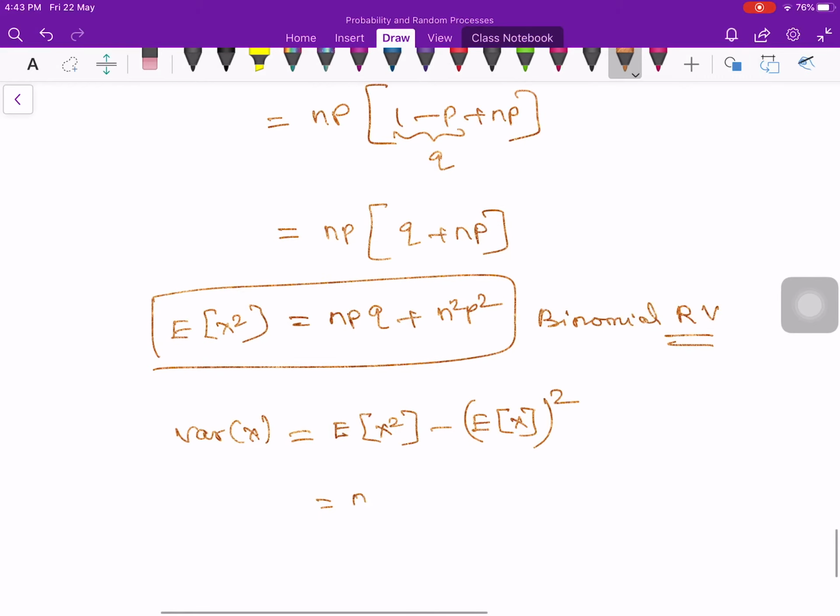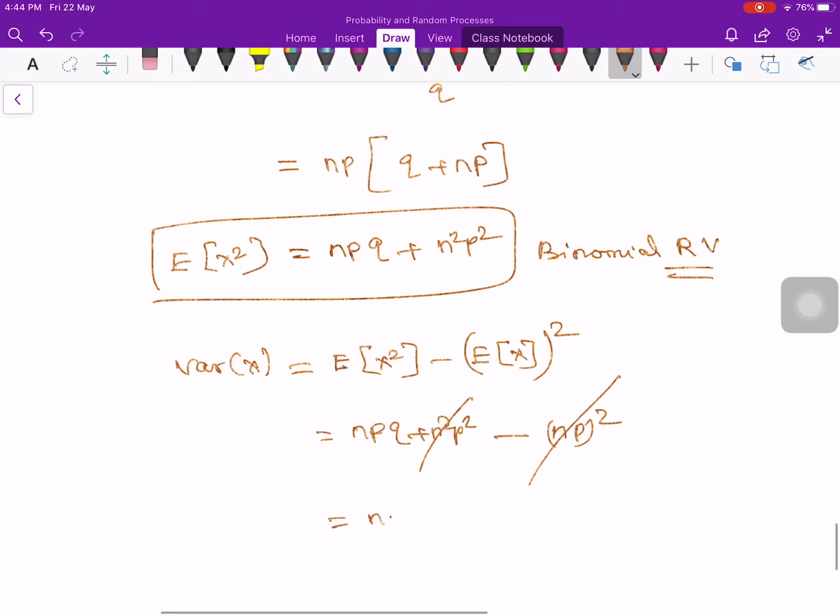So this is npq plus n squared p squared minus (np) whole squared, as E of x is np. This and that get cancelled, and you end up with npq. So this is the variance of the binomial distribution.